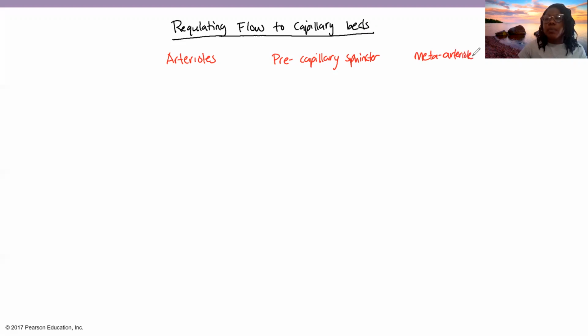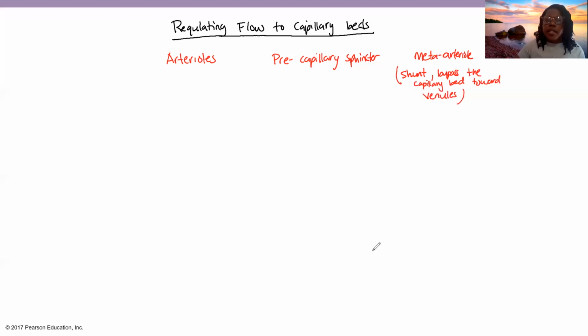Okay. And now the meta-arteriole, remember, this is the only one that was bypassing or shunting away from the capillary bed. So that's really important to understand how vasoconstriction and vasodilation will affect blood flow to capillaries based upon the action of the meta-arteriole. So the meta-arteriole functions to shunt or bypass blood away from the capillary bed toward venules.